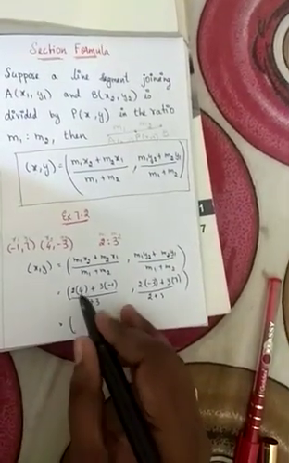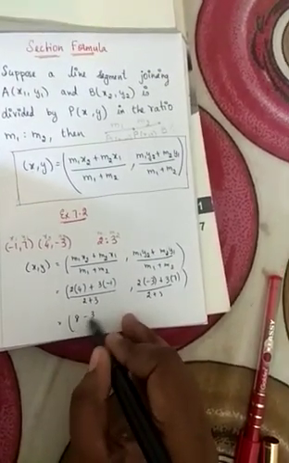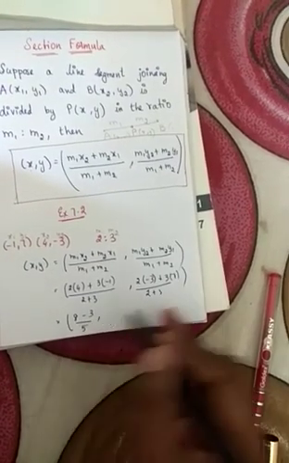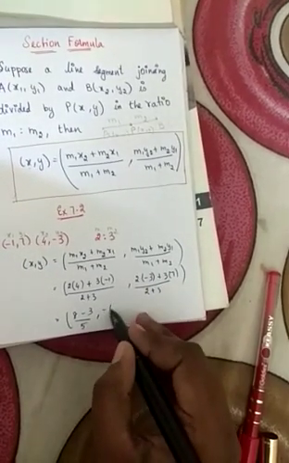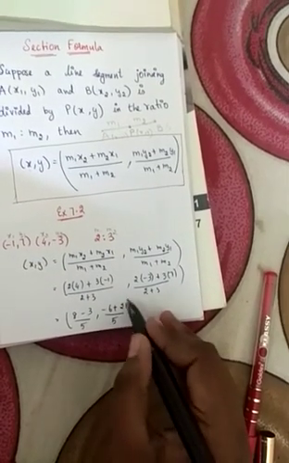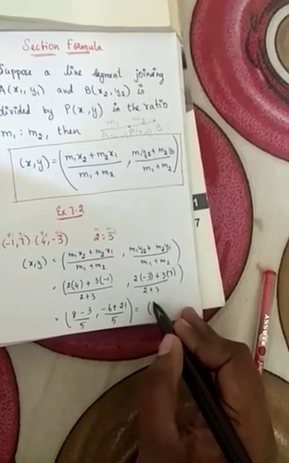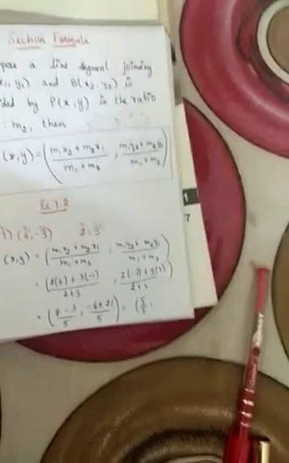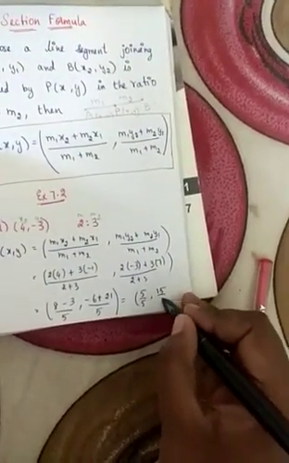So this will come 8 minus 3 by 5, comma, this is -6 plus 21 by 5. So 8 minus 3 is 5 by 5, and -6 plus 21 is 15 by 5.